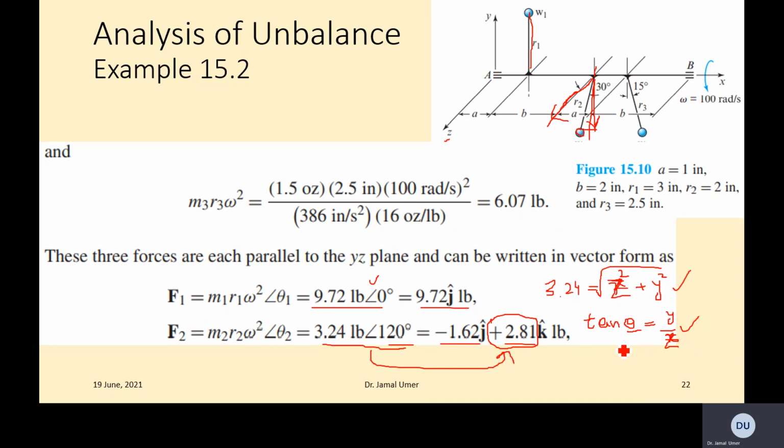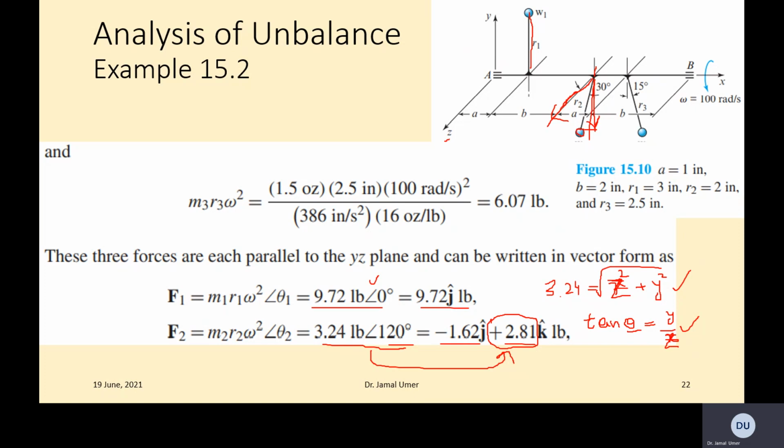But ignore the signs, whether y or z comes out positive or negative. Rather, look carefully at the figure to see whether it has positive z or negative z, and in the same way for y, positive y or negative y. So you need to be careful.